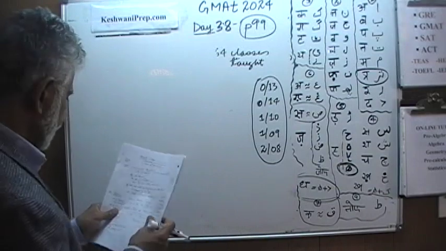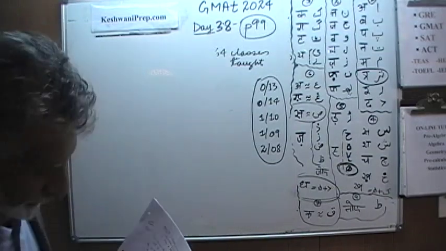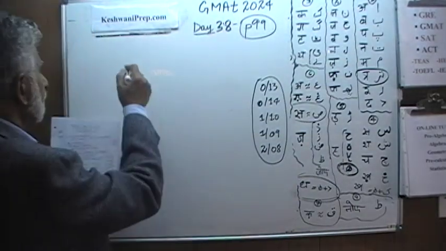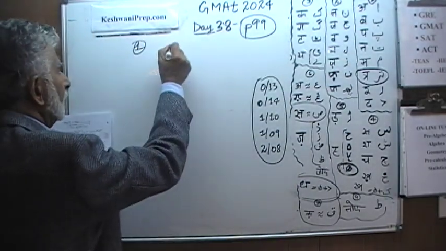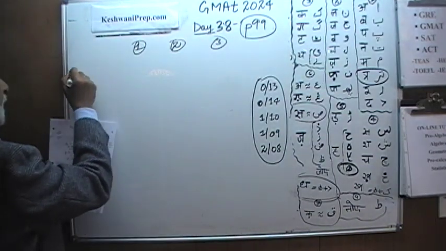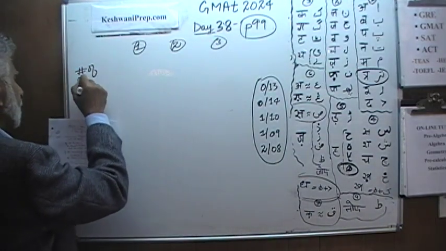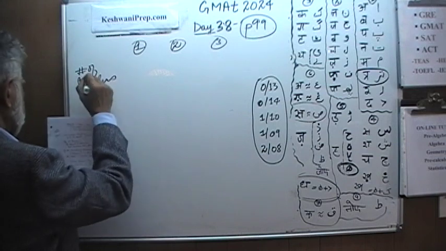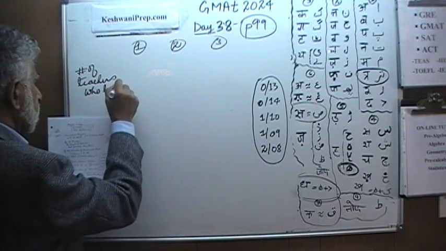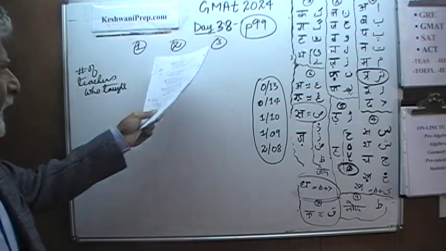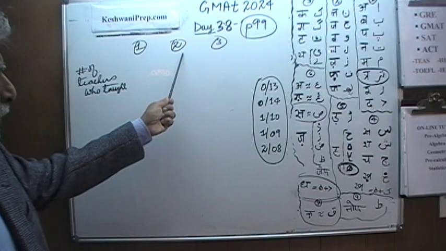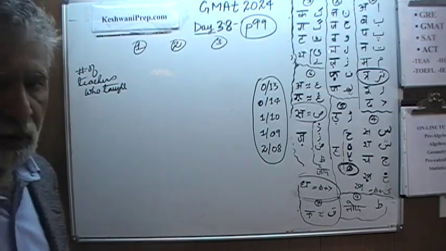Here we go. Let's make a list of classes: 1 class, 2 classes, and 3 classes. And here, the number of teachers who taught 1 class, number of teachers who taught 2 classes, and number of teachers who taught 3 classes.